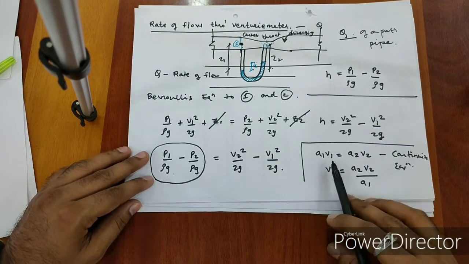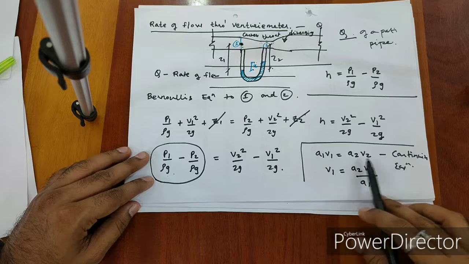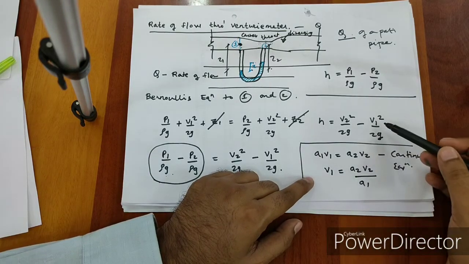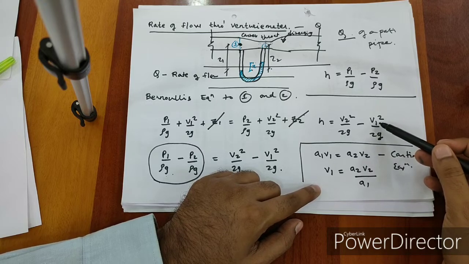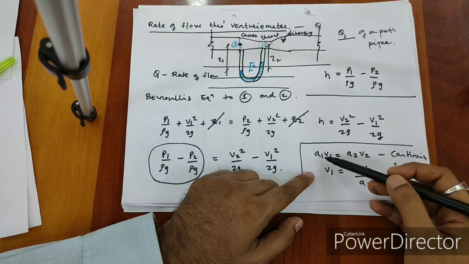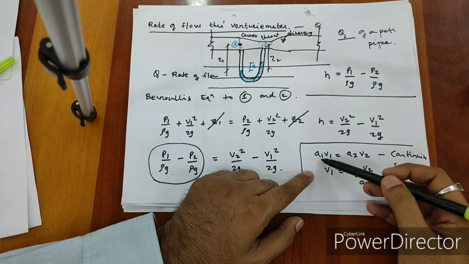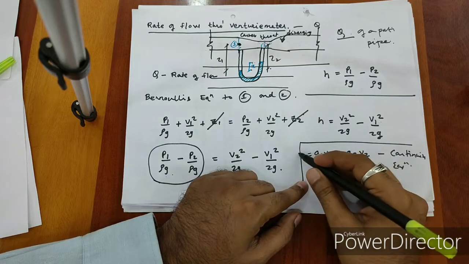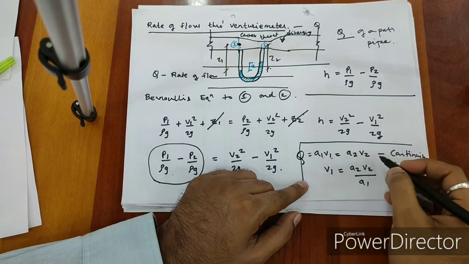Here we invoke the continuity equation. By invoking the continuity equation, you can write the velocity at 1, V1, in terms of V2. What is the continuity equation? It states A1 V1 equal to A2 V2, meaning the discharge at any section is the same.